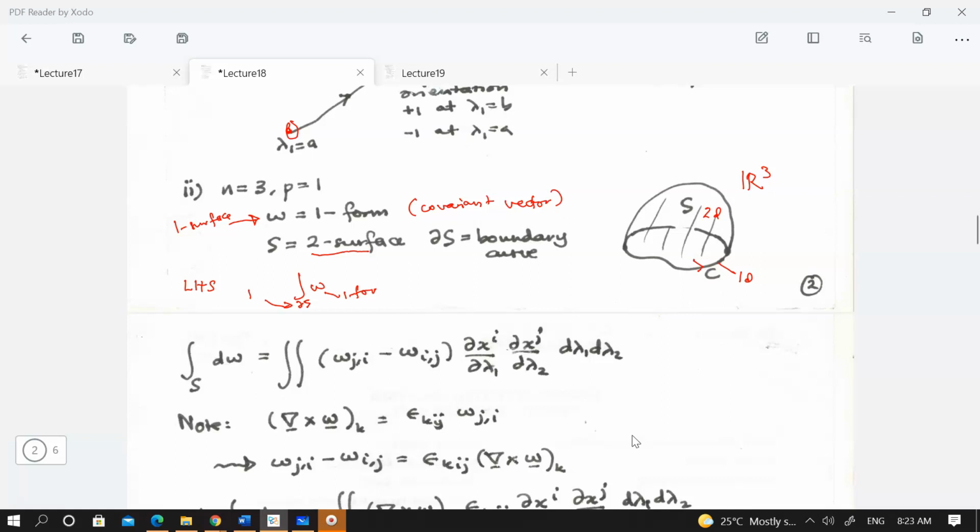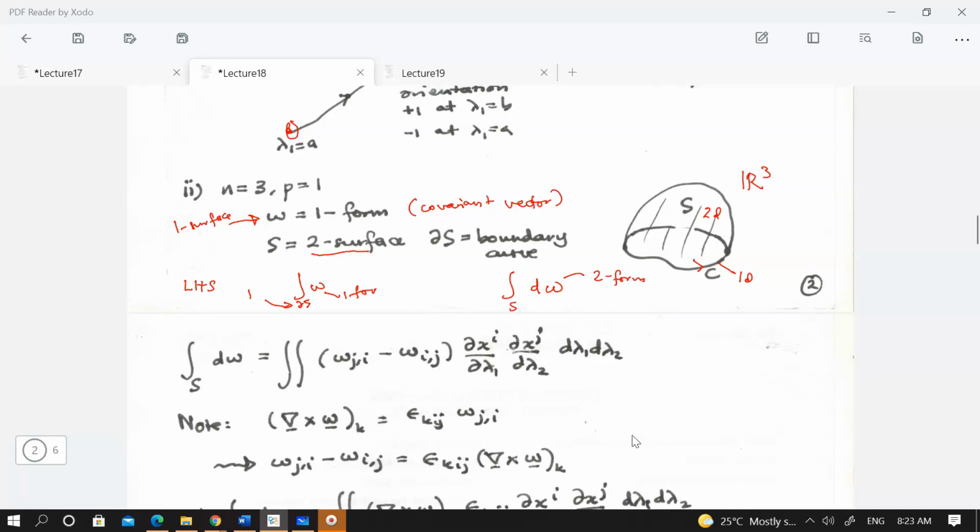The right hand side will now essentially be given by the exterior derivative of your omega, which is now a two form. So the two form, the right dimensionality of space, will be a two-dimensional surface, which is now given by your S. So let's look at that.